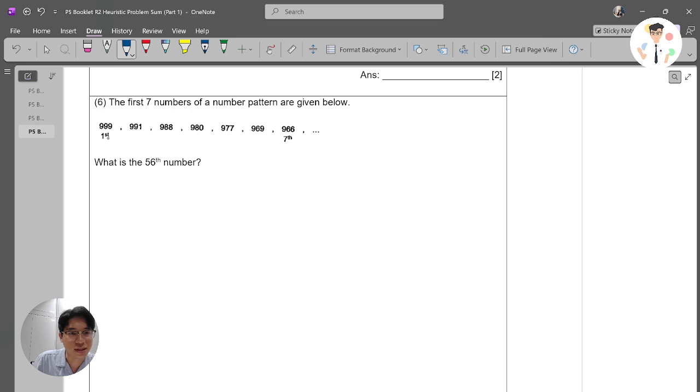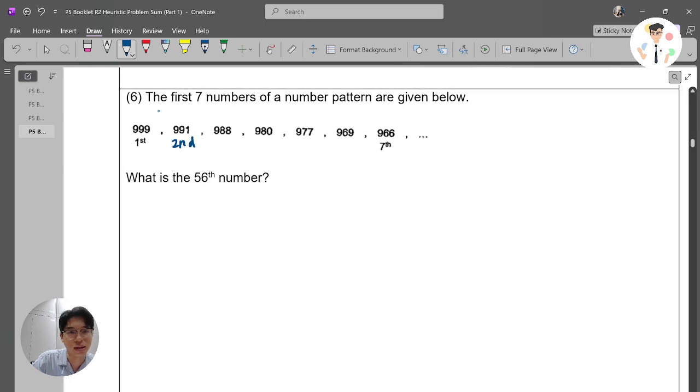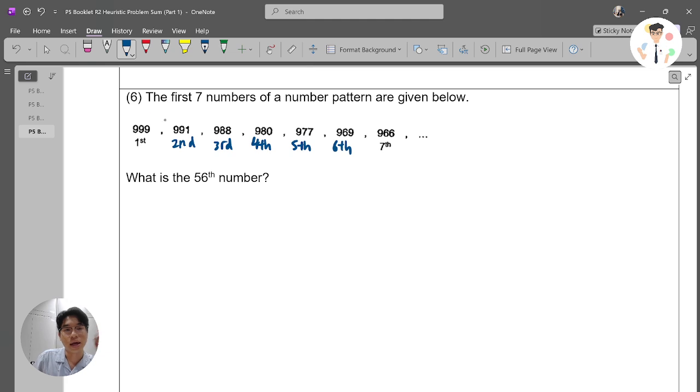So for example, you can see this is the first number, second number, just zoom in a bit. This is the third number, fourth number, fifth number, sixth number. And if you look carefully, these are the odd numbers, 1, 3, 5, 7. If you only focus on the odd numbers, you will see that it is actually reducing by 11, 11, 11.